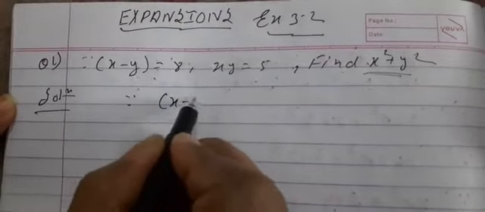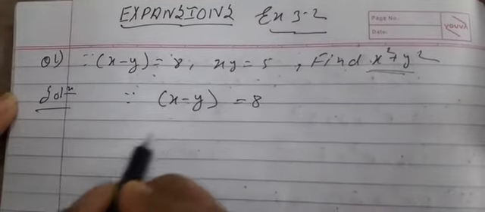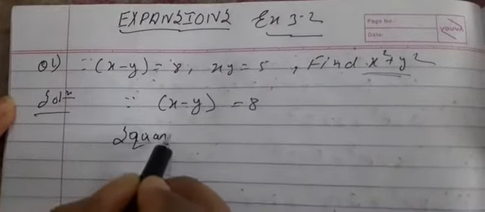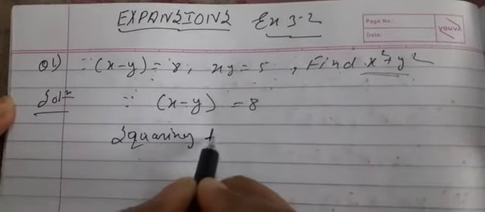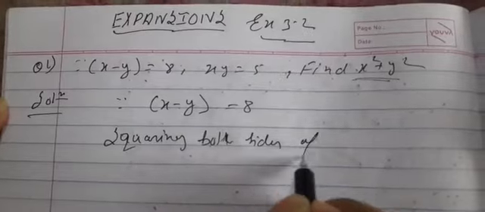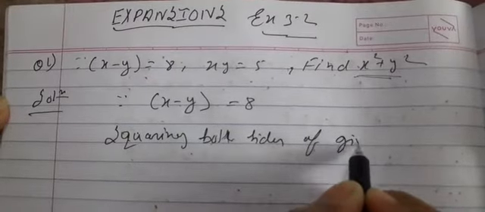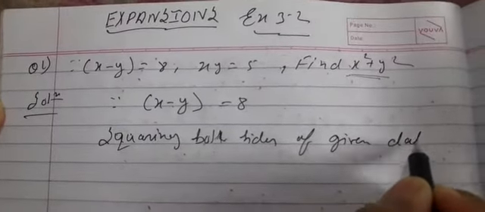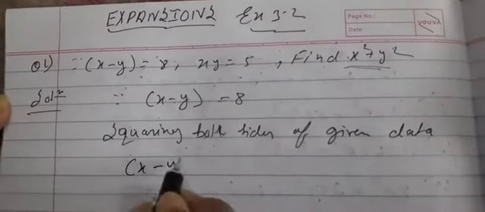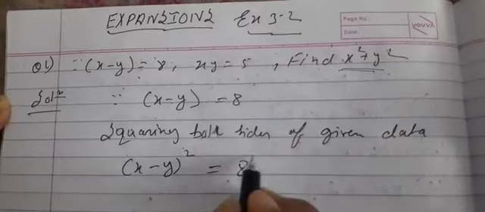Since x minus y is equal to 8, squaring both sides of the given equation, it will become x minus y whole square is equal to 8 square.